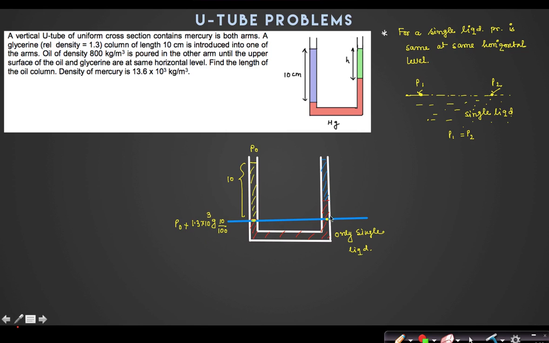And at this point, if this height is H, then this height must be 10 minus H. So it should be P naught plus rho of oil, which is 800, so 0.8 into 10 power 3, into g into H, plus rho of mercury, 13.6 into 10 power 3, into g into (10 minus H) by 100.